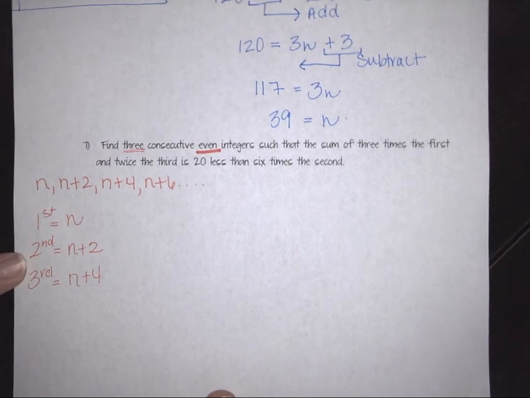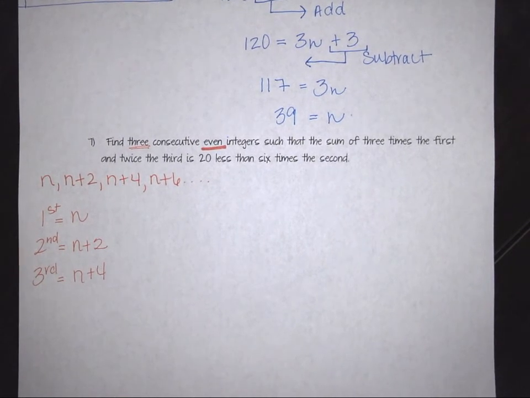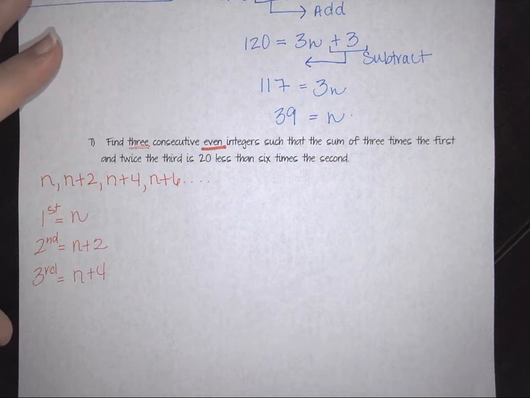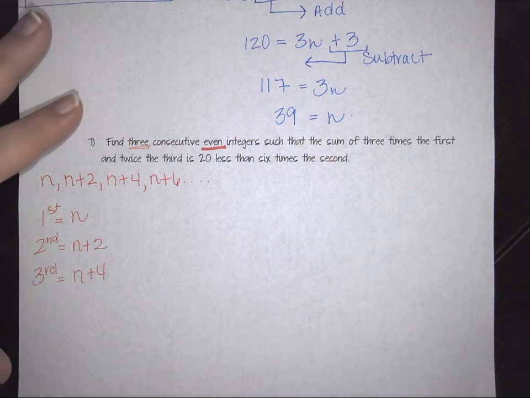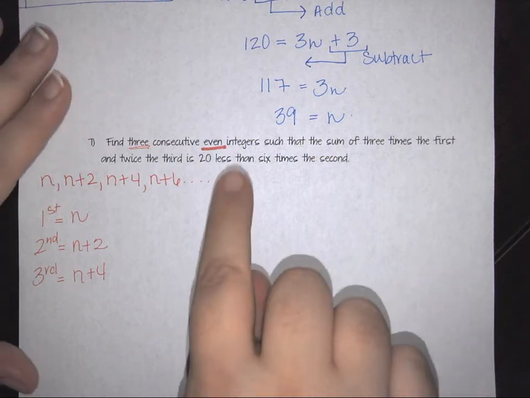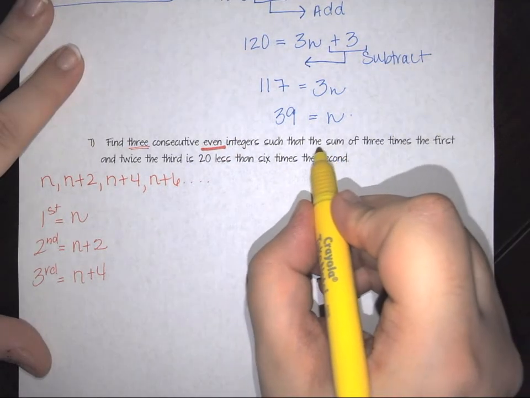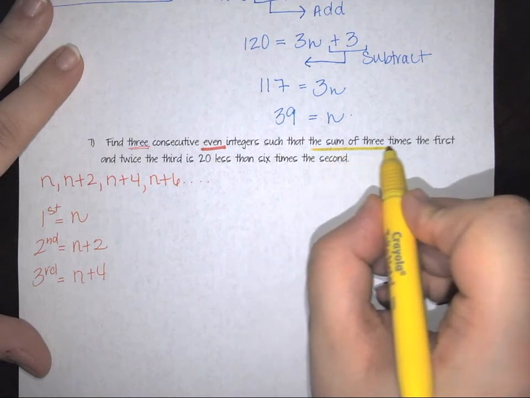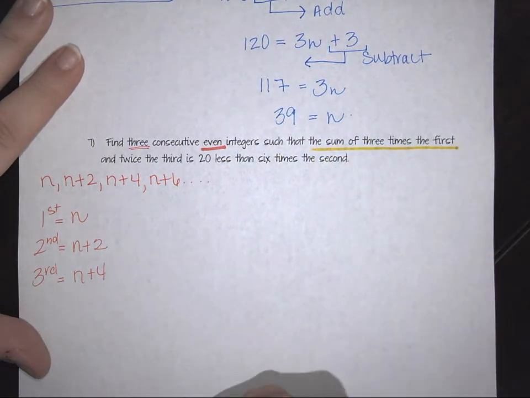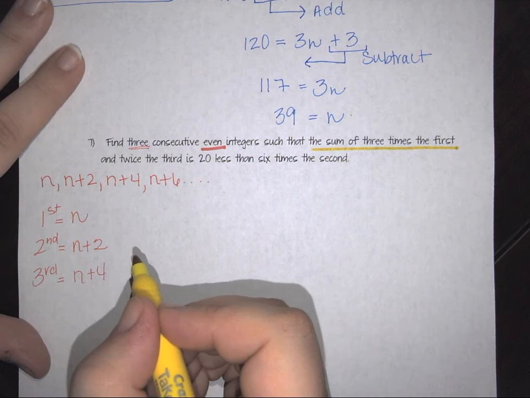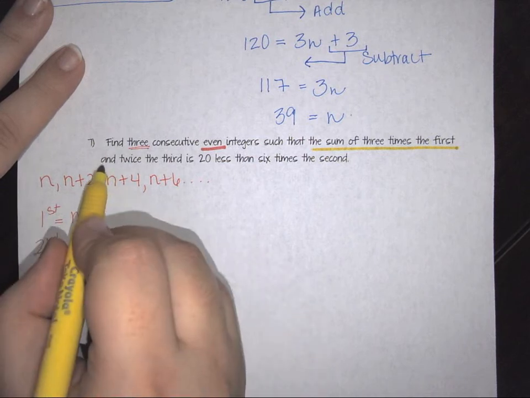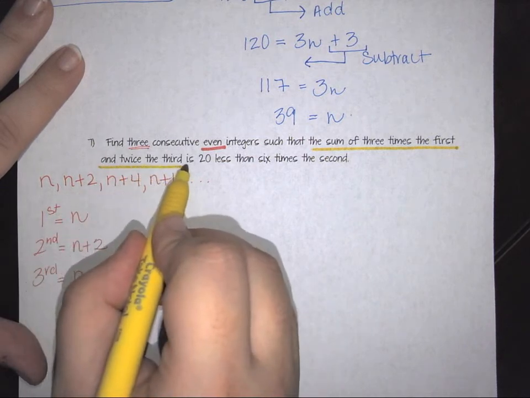So here I now have to break down my equation. I have 3 consecutive even integers such that the following is true. First I've got the sum of 3 times the first and twice the third.